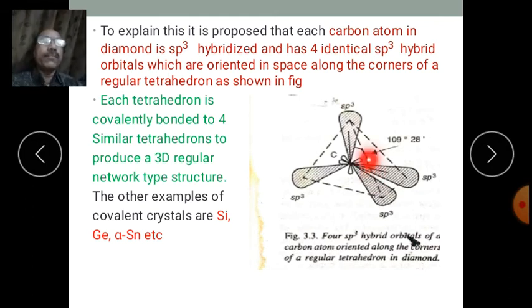The C-C-C bond angle is 109 degrees and 28 minutes. So each carbon atom forms covalent bonds with 4 neighboring carbon atoms. Each tetrahedron is covalently bonded to 4 similar tetrahedrons to produce a 3-dimensional regular network type structure.